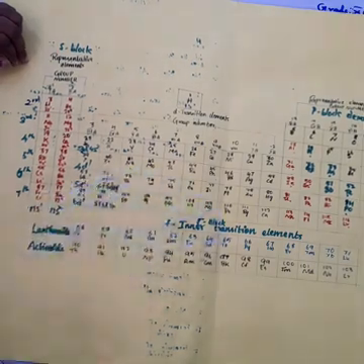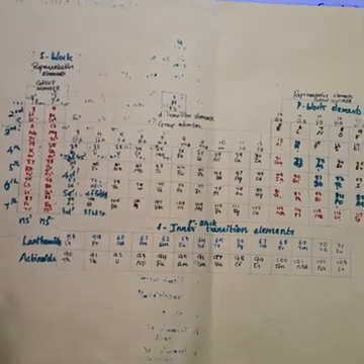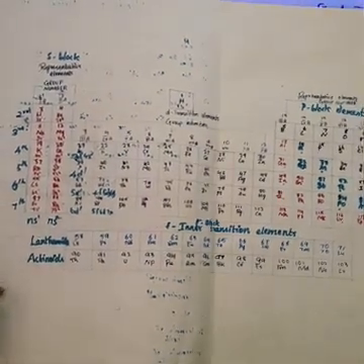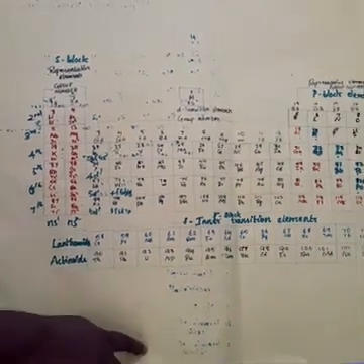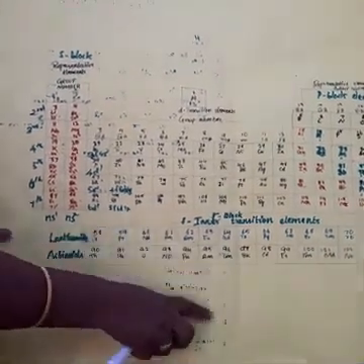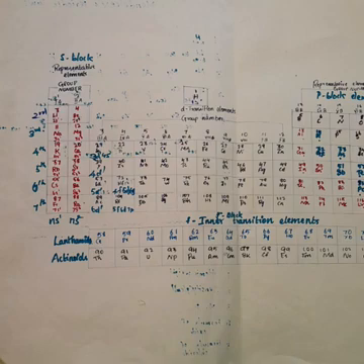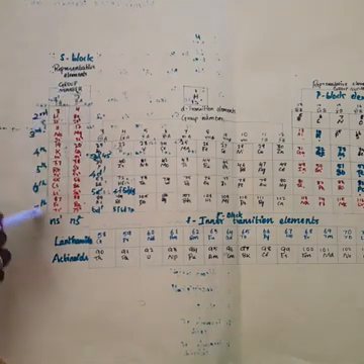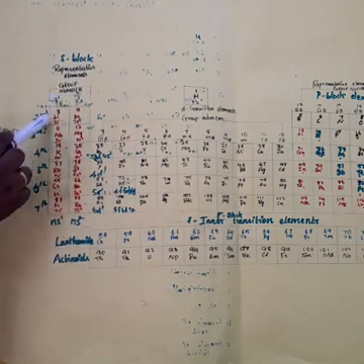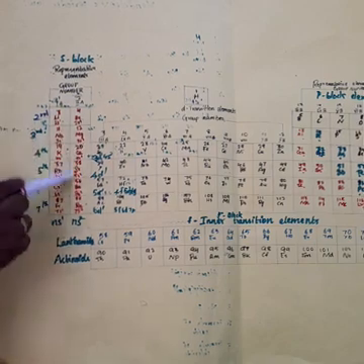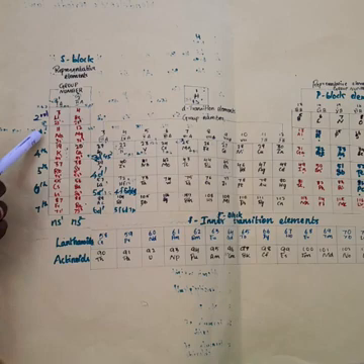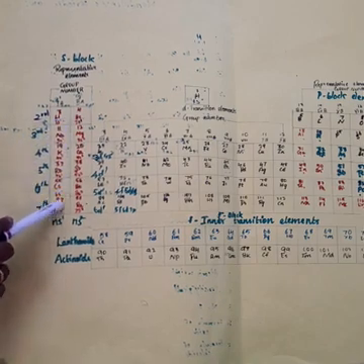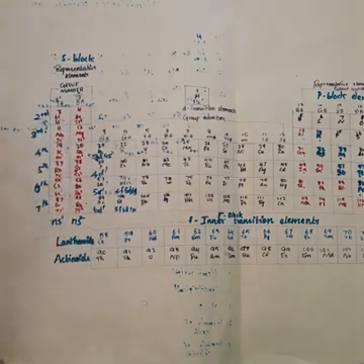So the elements in the same group have similar chemical properties because they have the same number of electrons in their outer shell.